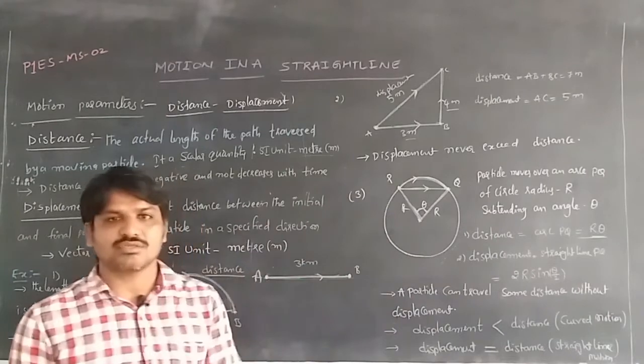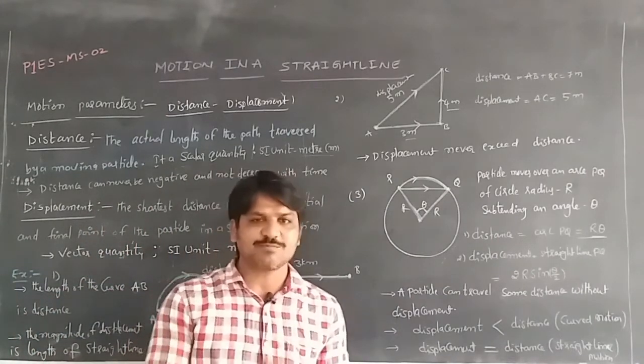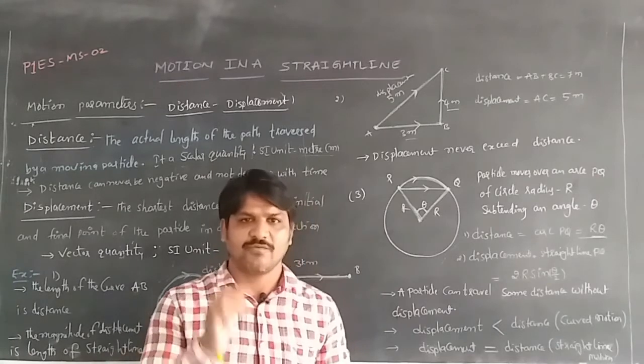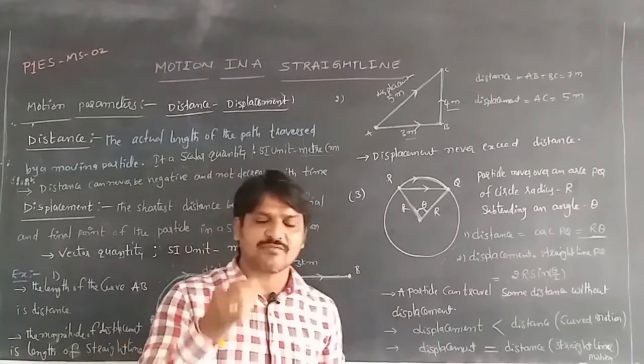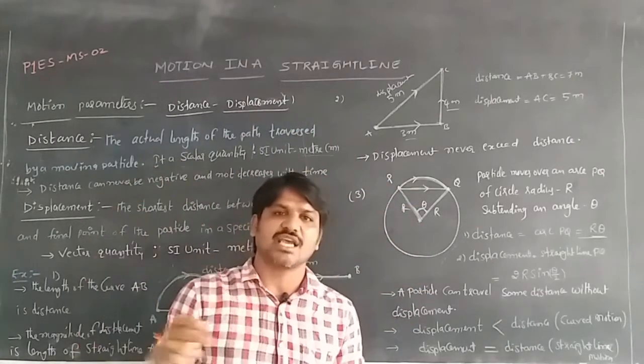Here we are going to see some important points about distance and displacement. Displacement can be 0 when the particle starts from the initial point, travels some distance, and returns to the same point.